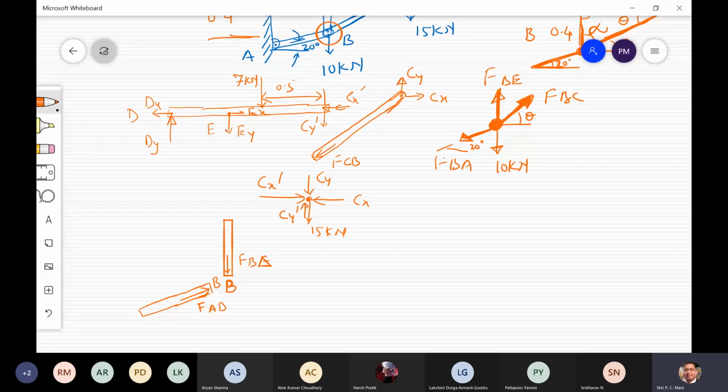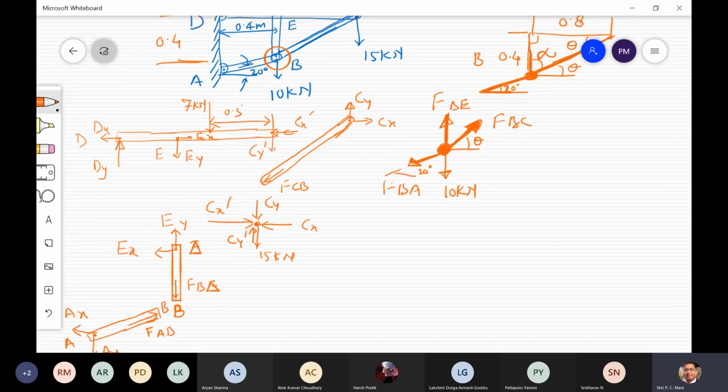And this one is D, this one is A, say this one Ax, Ay, and opposite to this one is E actually, Ex, Ey. This one is Ey.